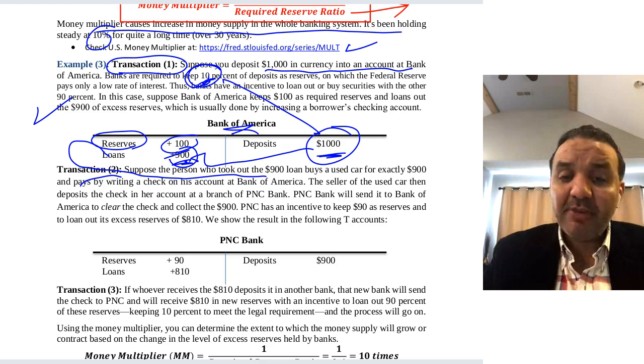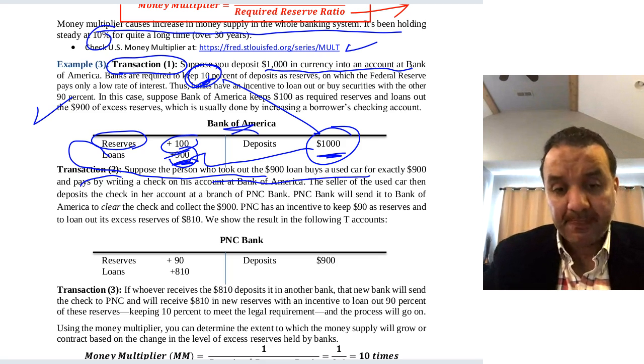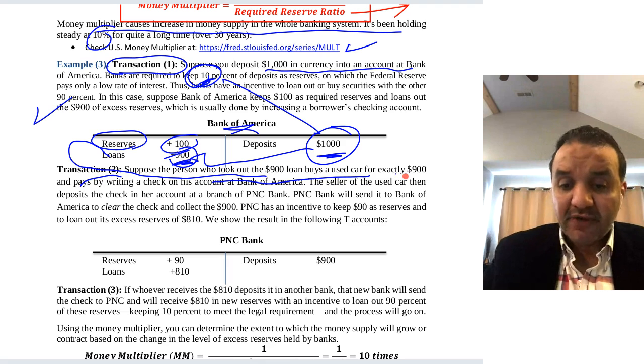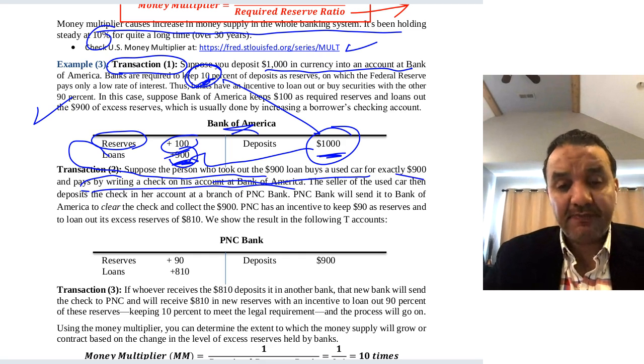This person will use it to buy a used car, paying the 900 by writing a check on his account at the Bank of America.